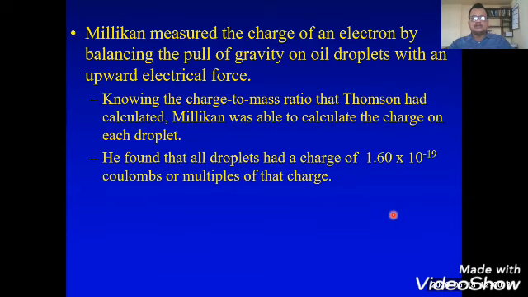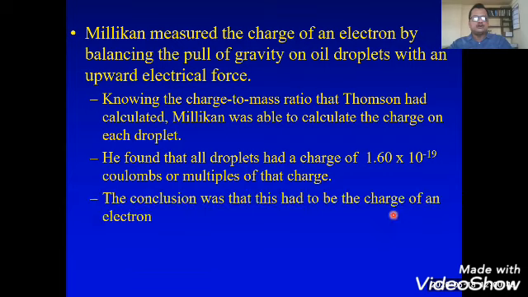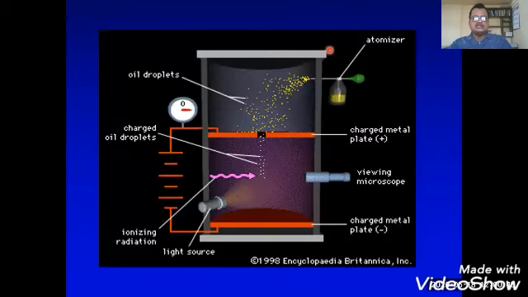Sir J.J. Thomson calculated the charge to mass ratio, so by putting in the value of the charge, he found that the mass of the electron is 9.106 into 10 to the power of minus 31 kg. So this is the experiment of Robert Millikan, the liquid drop experiment.